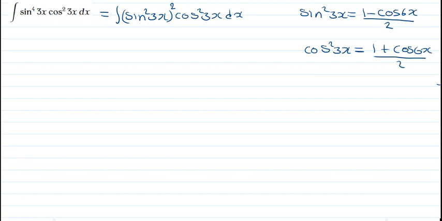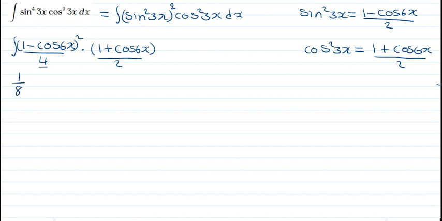Replacing this in our function, we're going to have the integral of 1 minus cos 6x over 4. When you square the bottom part, then you also square the top part, which is multiplied by 1 plus cos 6x over 2. So we can multiply this, meaning we are going to have 1 over 8.